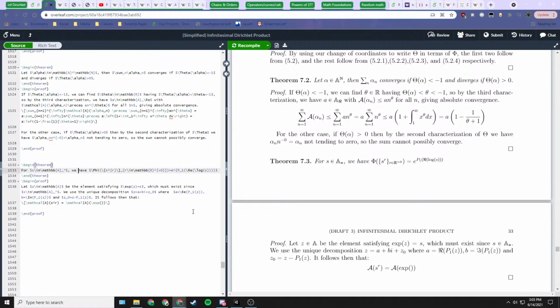Let's just not do this. We'll just do it the other way. Instead of doing S, we'll just do e to the SR. This is fine.